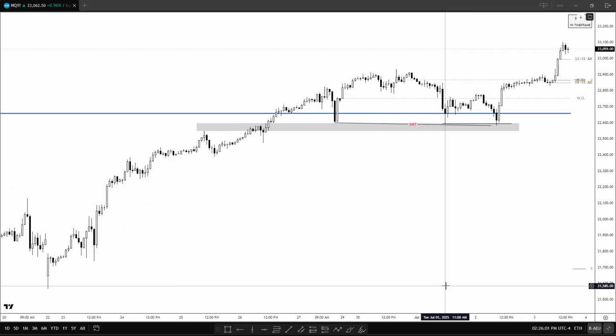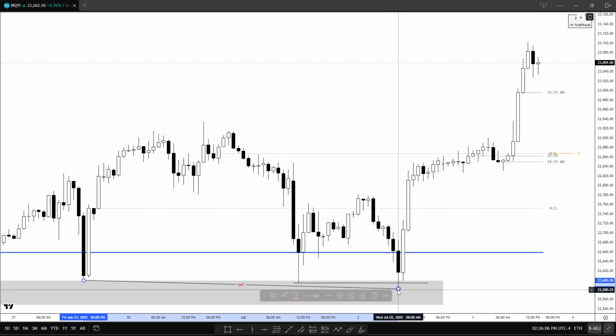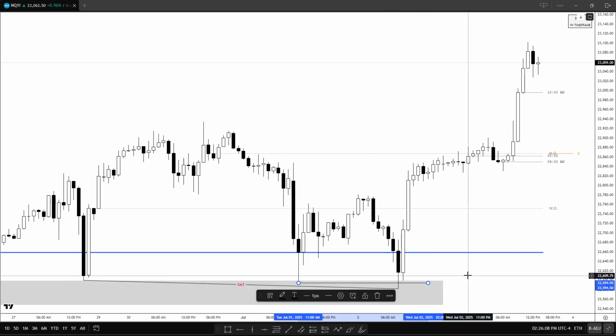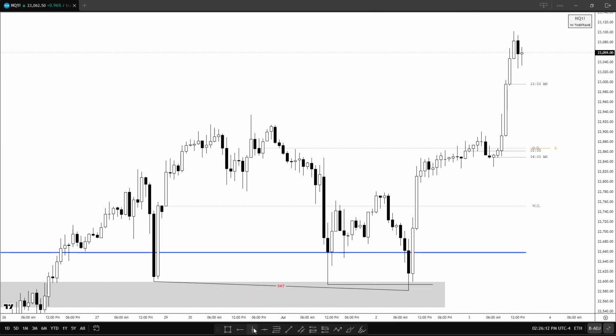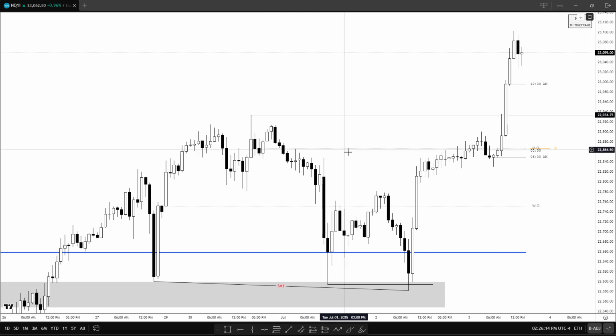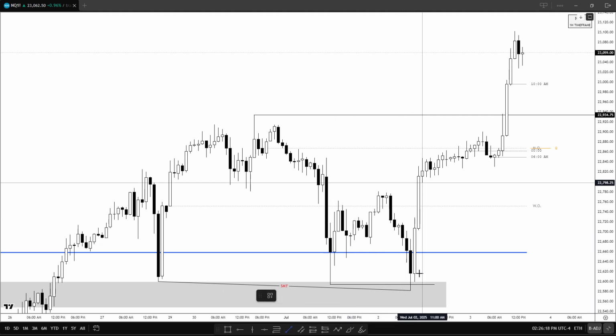So if we zoom into our daily key level and then inside the hourly structure, how can we confirm this? This is the high here that we're working with, right? We confirm this with an hourly change in the state.